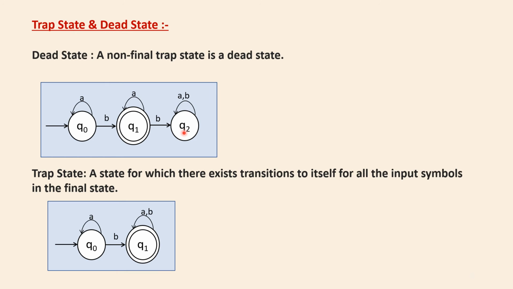From Q2, I do not have any transitions to any other state. Therefore Q2 is called the dead state because it is not a final state. If this kind of situation happens to a final state, we call it a trap state. If it happens to a non-final state, we call it a dead state.